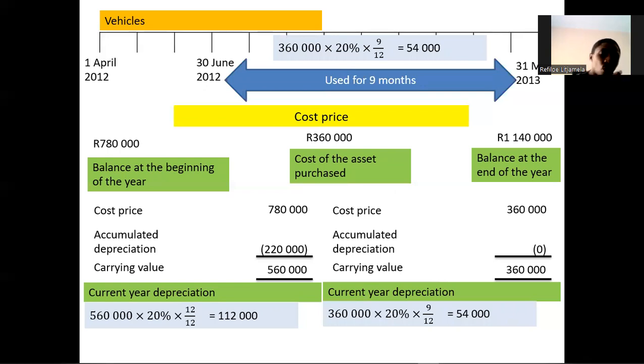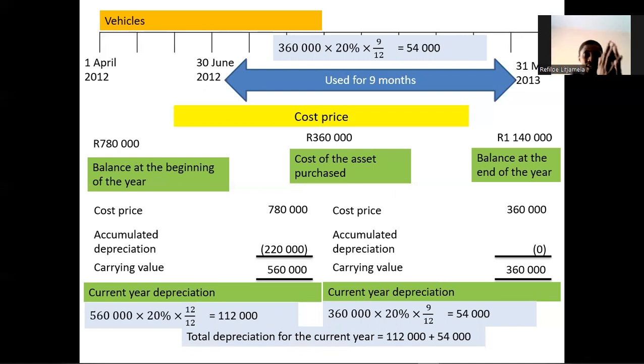My question is now, what is the total depreciation on vehicles for the current year? The total depreciation on vehicles for the current year will be 112, which is the old, plus the new, you add them together, it will give you 166,000, which is the total depreciation on all vehicles for the year.